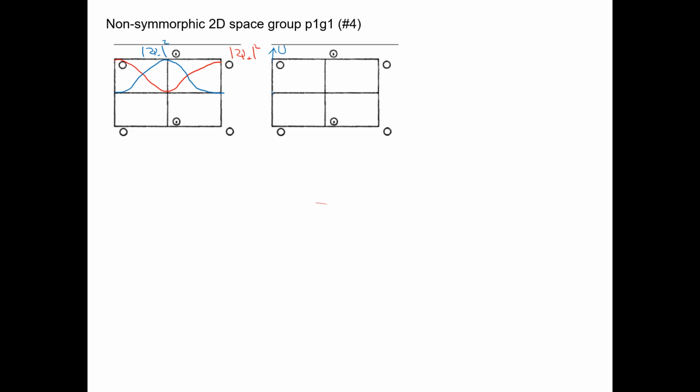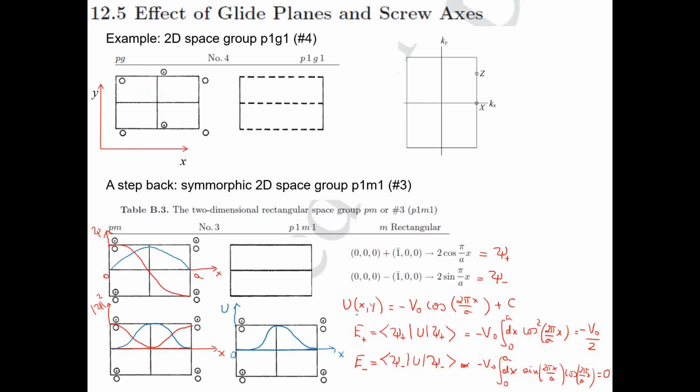So the potential energy as a function of distance should be something like that. It's a dip whenever I have an atomic plane, a plane with atoms. And in this case, I have an extra atomic plane right here in the middle. So in the previous case, I had a potential energy oscillating with a 2 pi over a x.